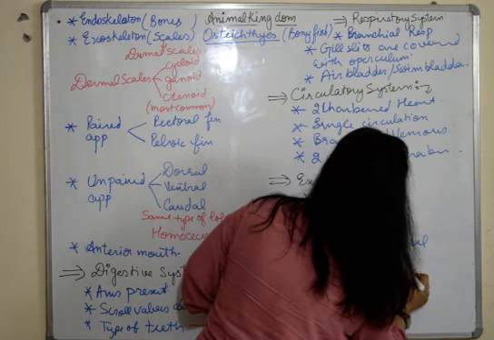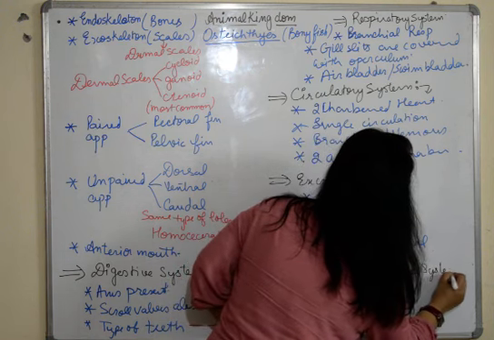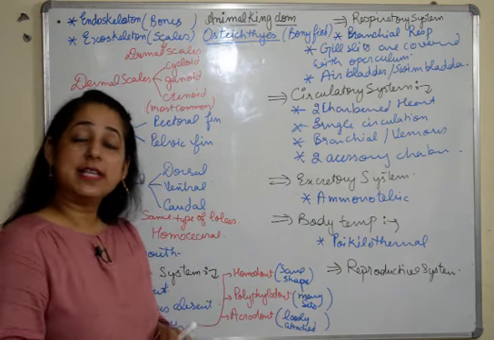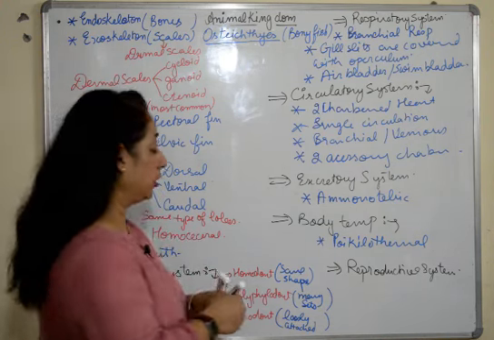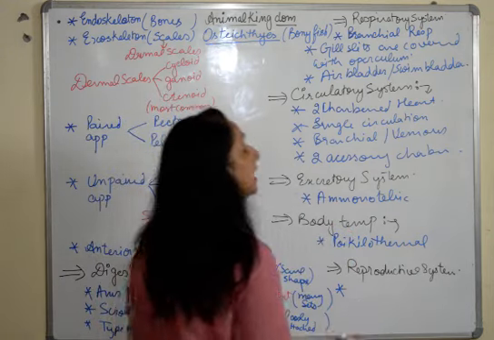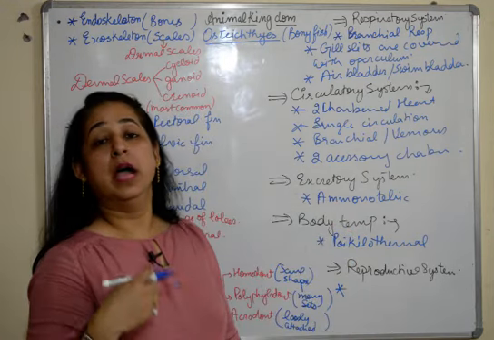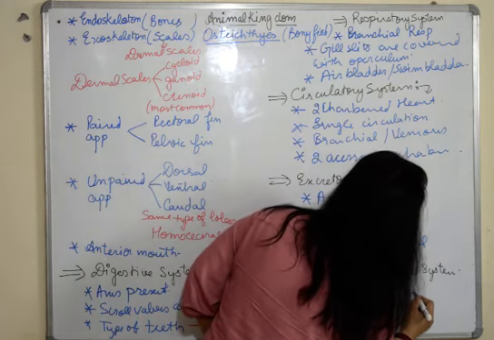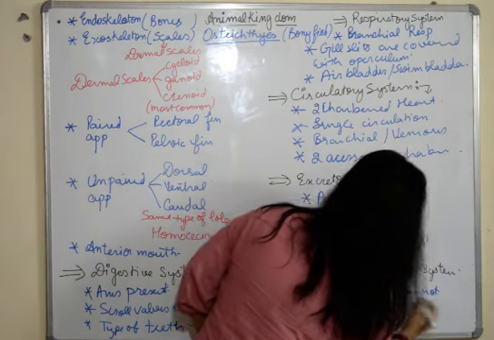Then we have the last system, the reproductive system. Now in the reproductive system, they may show sexual dimorphism, or they may not even show sexual dimorphism. That means the male and female fish may look alike.